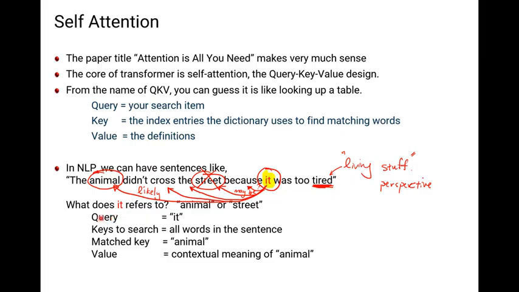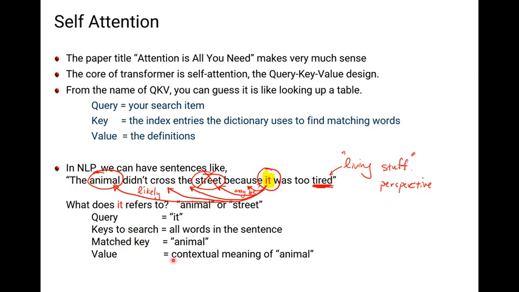This time the query is "it": what does it refer to? And the keys are every word in this sentence, the keys inside the dictionary we want to look up. Okay, all the words in the sentence. And the matching key is animal, because it has some living characteristics.